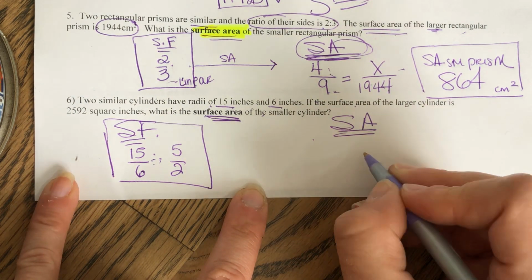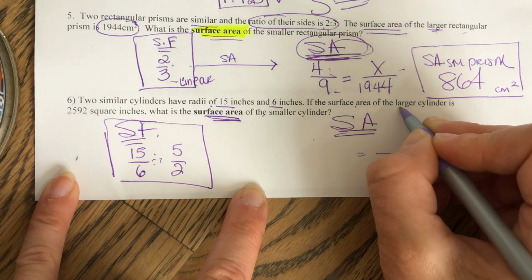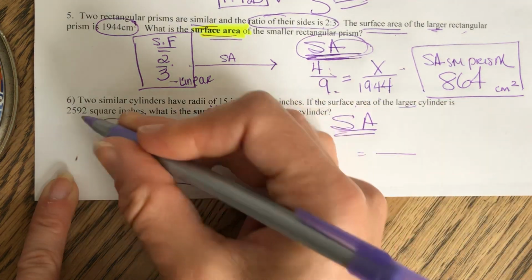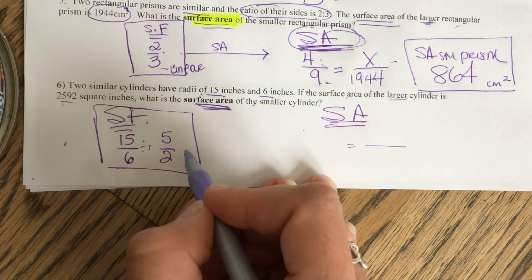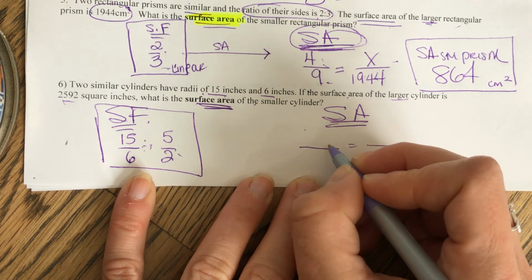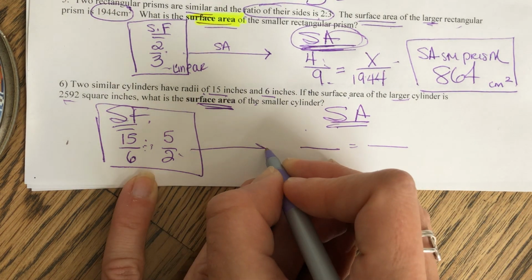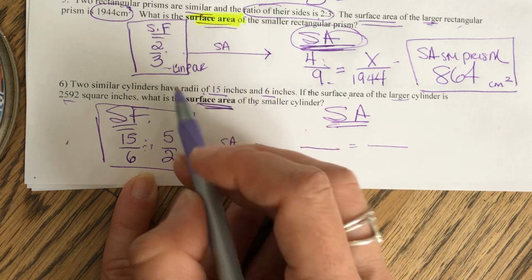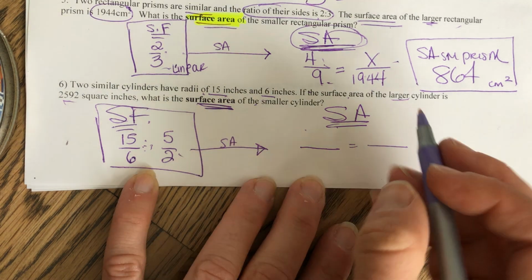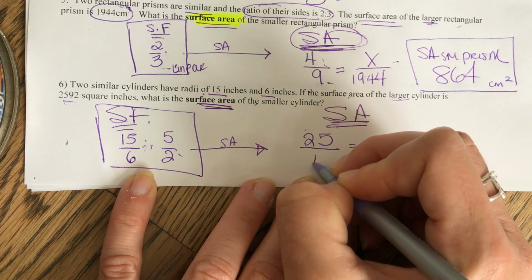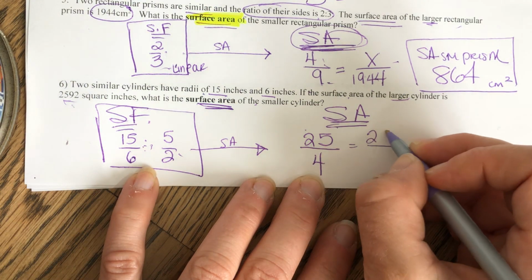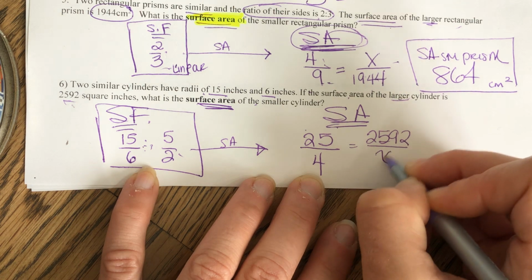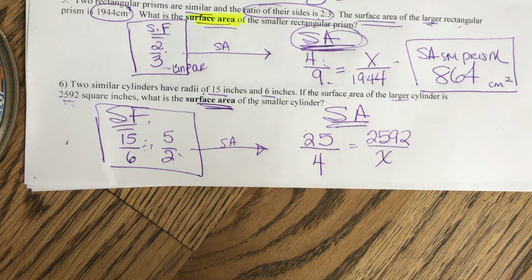And it says if the surface area of the large is 2592, what's the surface area of the small again? Okay, original, we need to be in surface area. Surface area means you want to square, so get in the habit of doing this so you remind yourself. 25/4. Now we're going to take the large number and put it on top. Cross multiply, and I did not do this one, so give me 1 second.